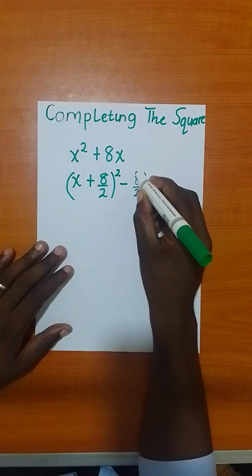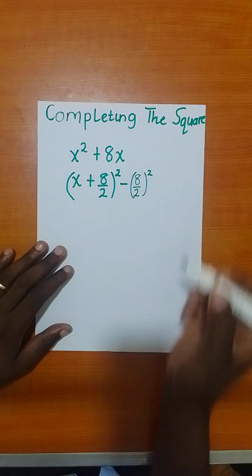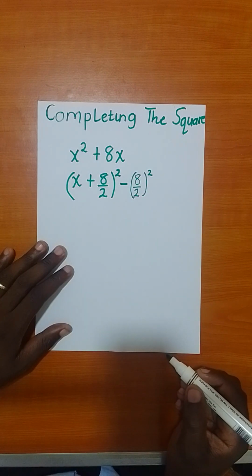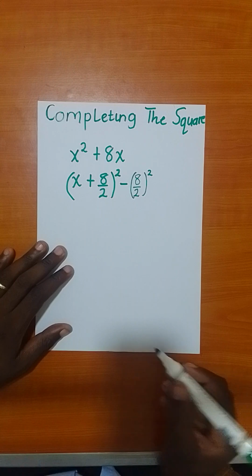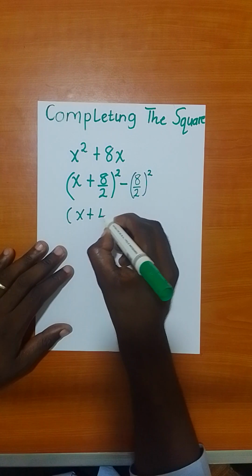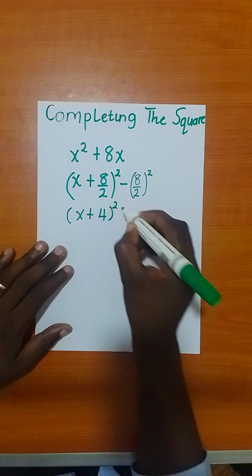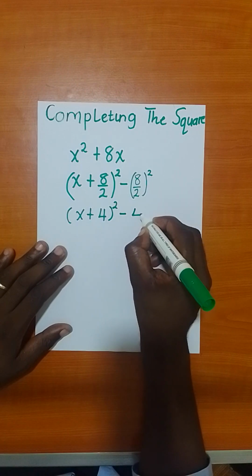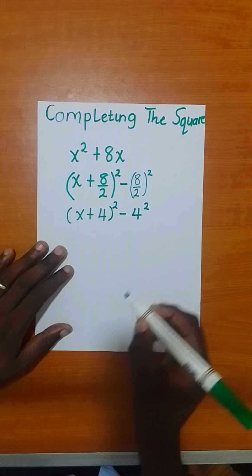So we need to square whatever we have divided by 2. So in the end, you end up with x plus 4 squared minus 4 squared.